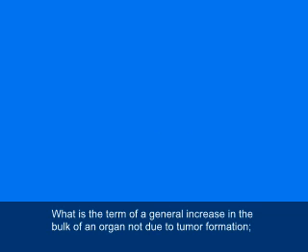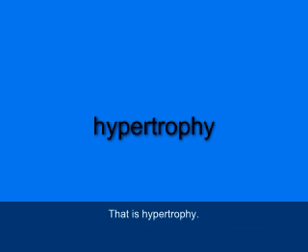And what is the term for a general increase in the bulk of an organ, not due to tumor formation? It's simply an increase in the size of the cells, but not the number. Well, that's hypertrophy.